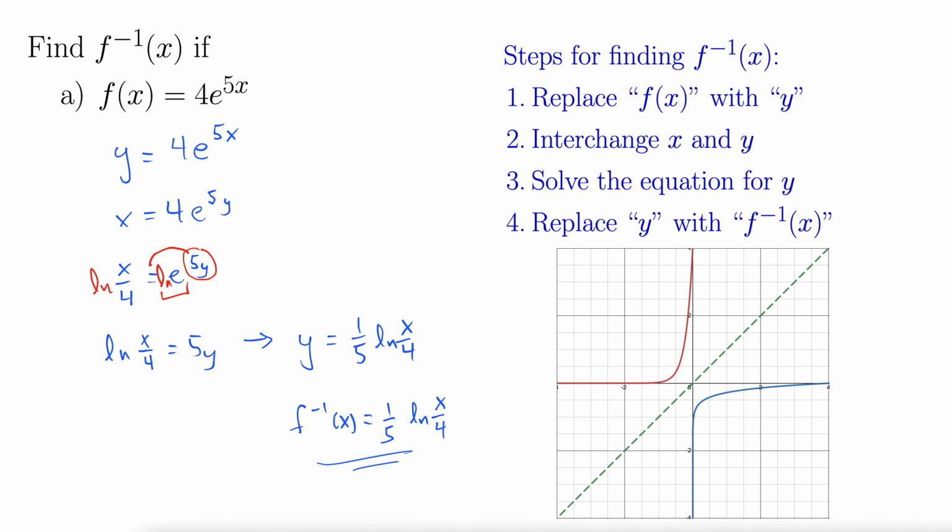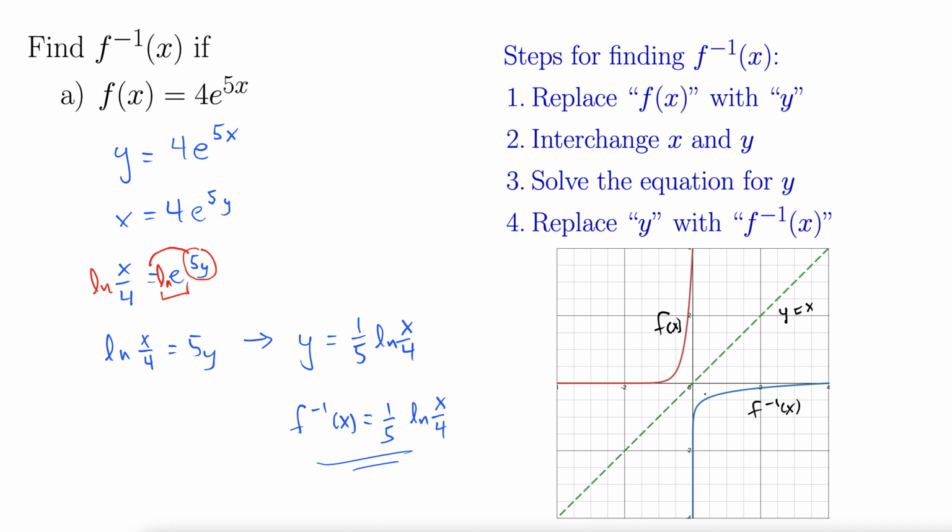Here's a graph quickly generated in Desmos. The red graph here is f of x, and the blue one is f inverse of x, and the green line is just y equals x. What I'm showing here is that the function and its inverse are perfect mirror images across that line.